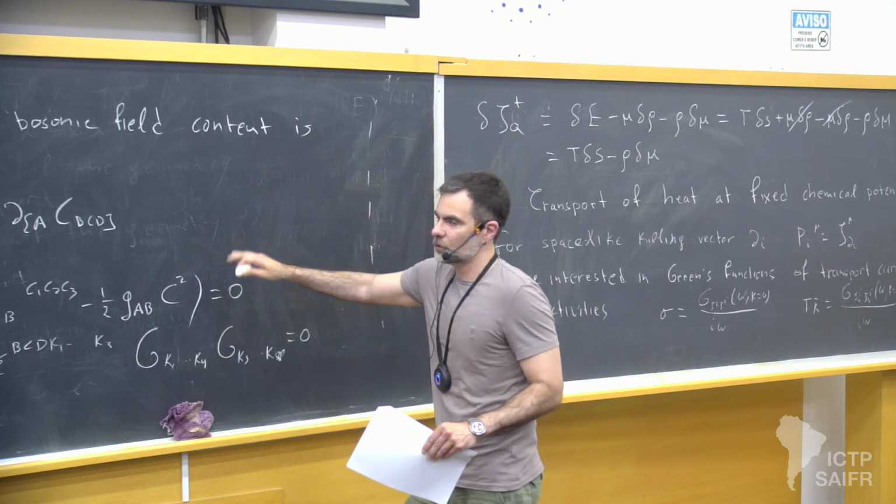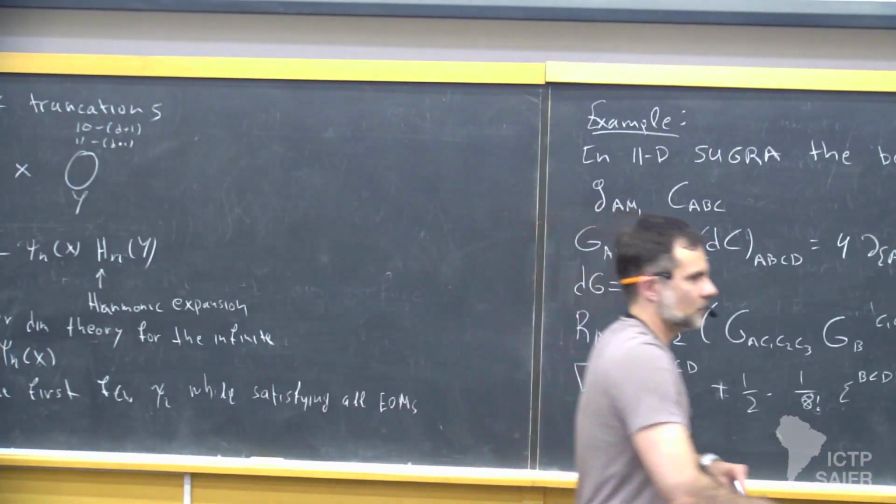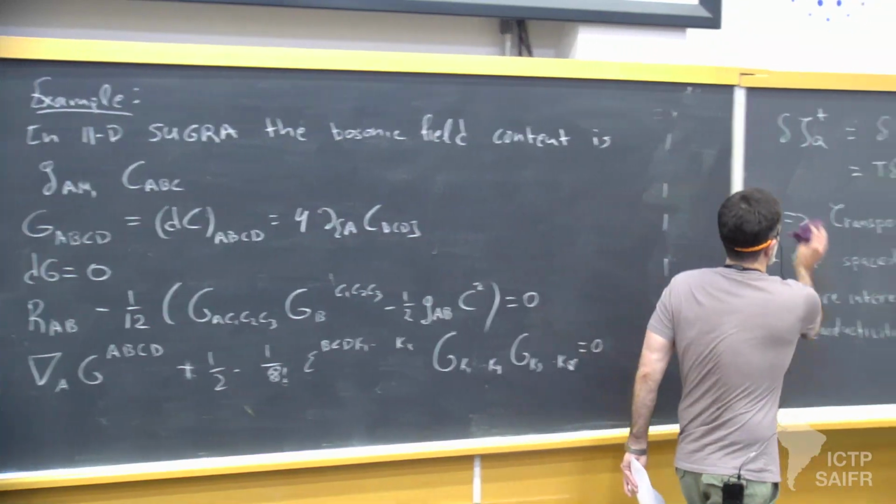Okay, so these are the equations of motion of the 11-dimensional metric and the 4-form field.